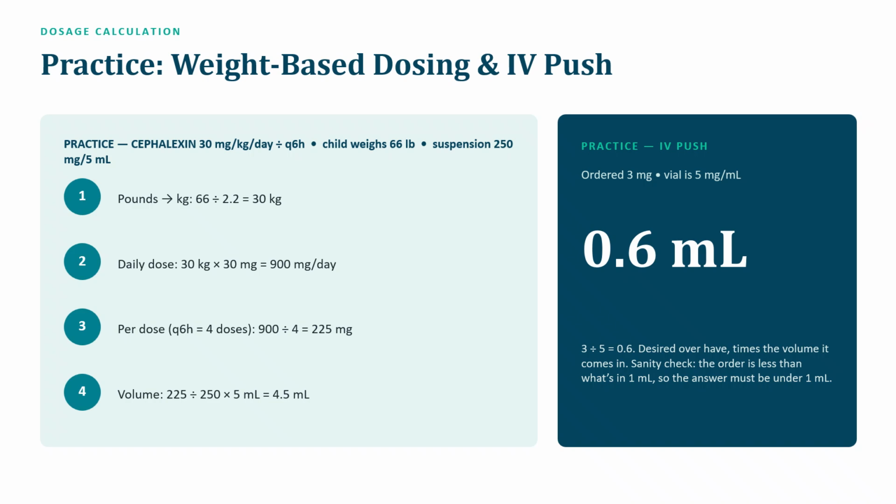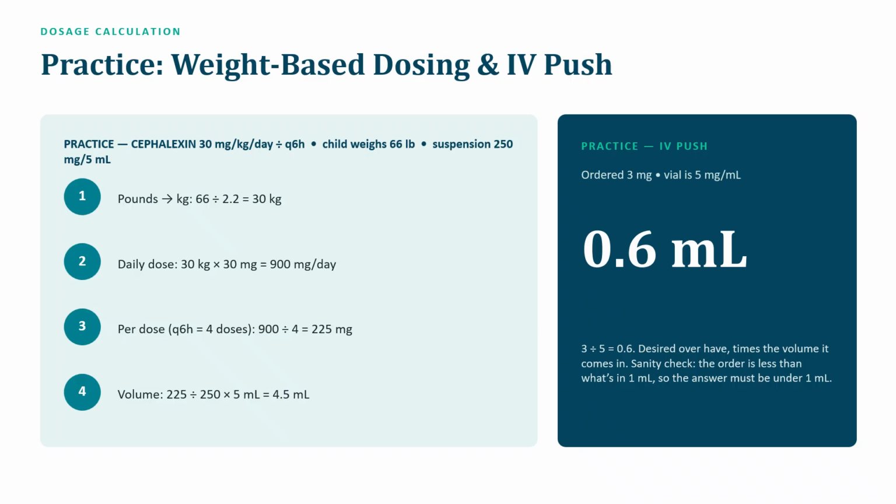So we take that 900, we divide it by 4, and that's going to give us 225 milligrams per dose. So what we have available is 250 milligrams per 5 milliliters. So we take our desired 225, we divide that by what we have, 250, times that 5 milliliters, and that's going to give us 4.5 milliliters.